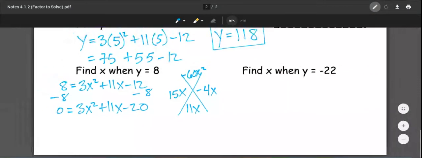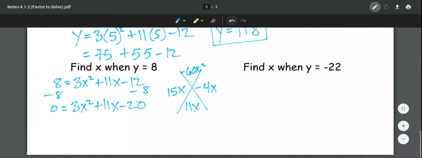So now my box. I put the first and last term in, and then I put my 15x and negative 4x.